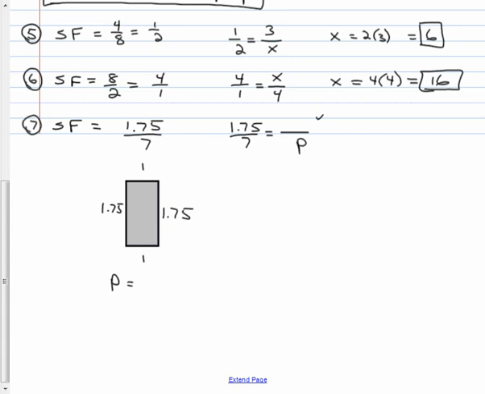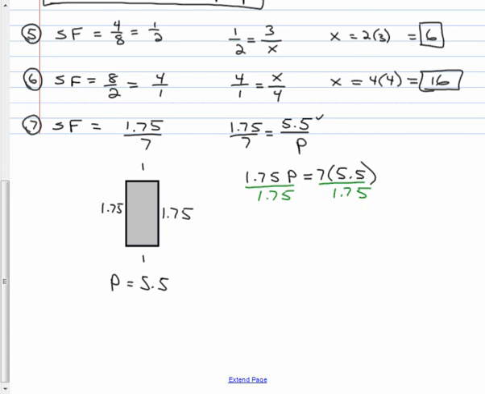1.75 times 2 plus 2 more. What do I have? 5.5. There's the perimeter. So my perimeter of the drawing was 5.5. The perimeter ratio must be the same as our scale factor ratio. So I'm going to do my cross products. 1.75 times P will equal 7 times 5.5. I can get rid of this 1.75 by dividing.